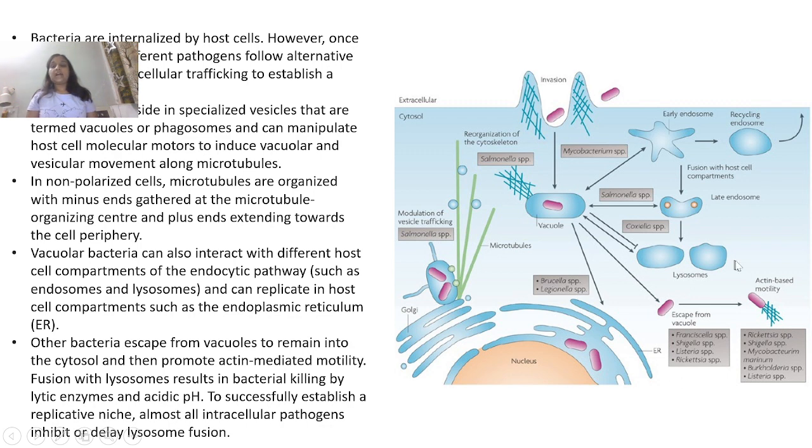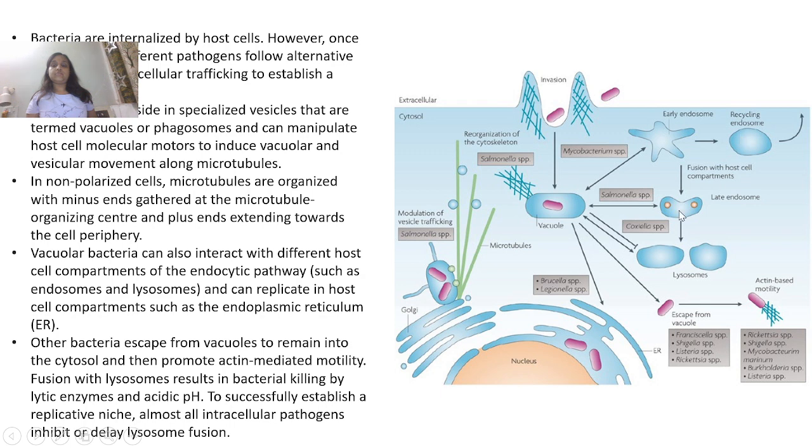So they will try to delay this fusion of the lysosome because otherwise these lytic enzymes will kill this bacteria. Examples include Coxiella, then there is Salmonella, which is preventing the fusion. Then here you can see Mycobacterium spp, where this is the early endosome and this is the recycling endosome.